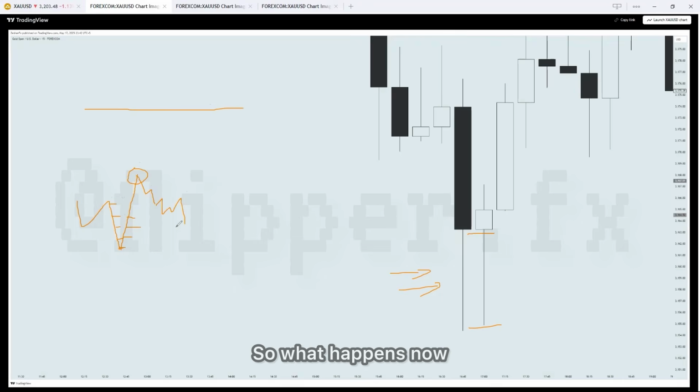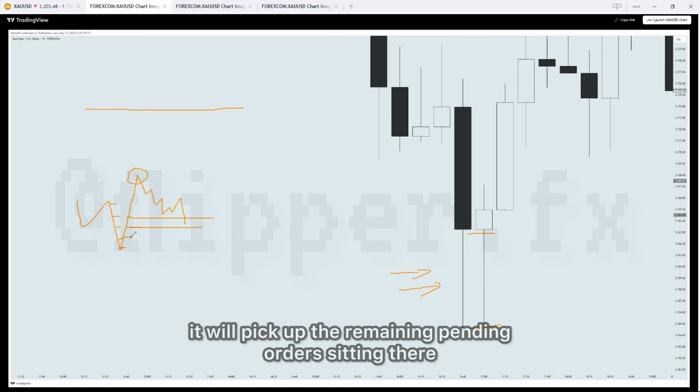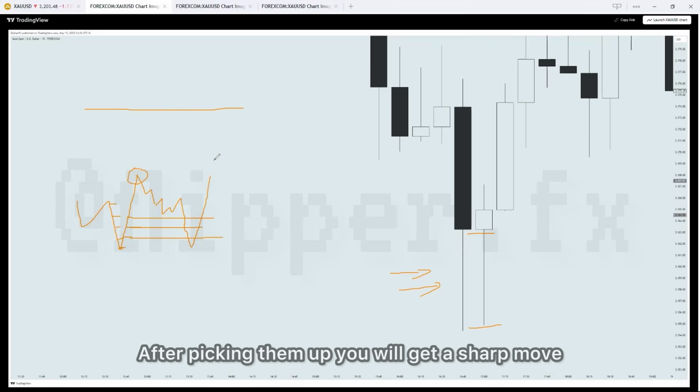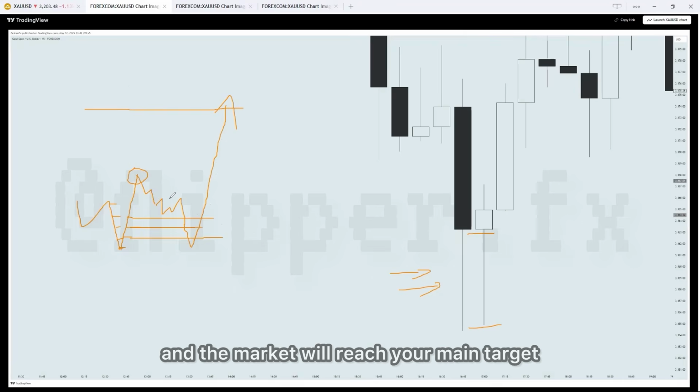So what happens now? The market will revisit this area again, and when it does, it will pick up the remaining pending orders sitting there. After picking them up, you will get a sharp move, and the market will reach your main target. This is how the order formation works.